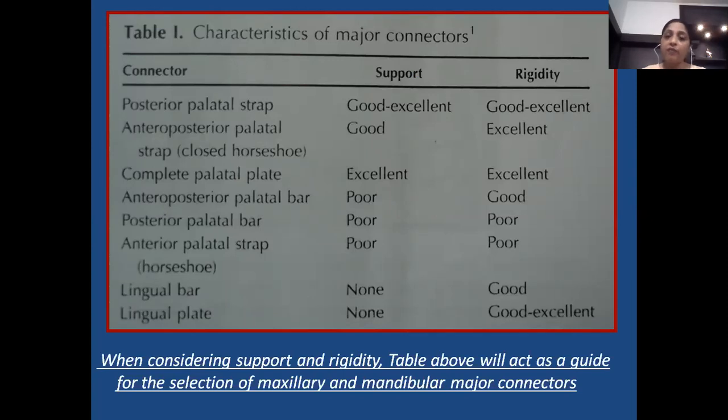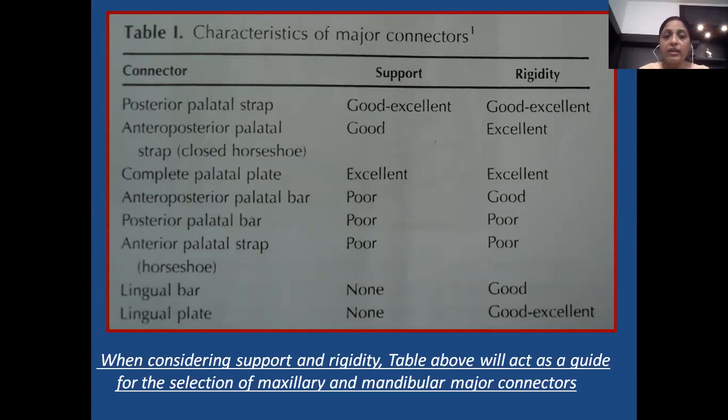And as we have already discussed, more coverage of the hard palate means more support as well as more rigidity, because covering the hard palate will give a design which will provide an L-beam effect. So that is why these two major connectors will provide more support and more rigidity.